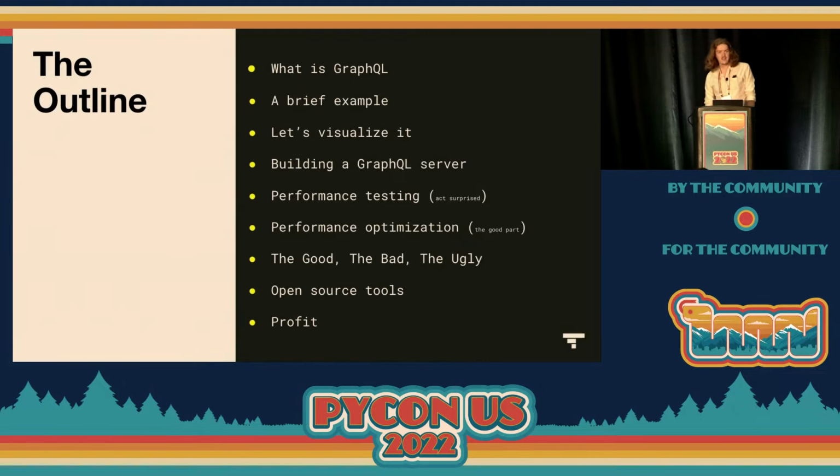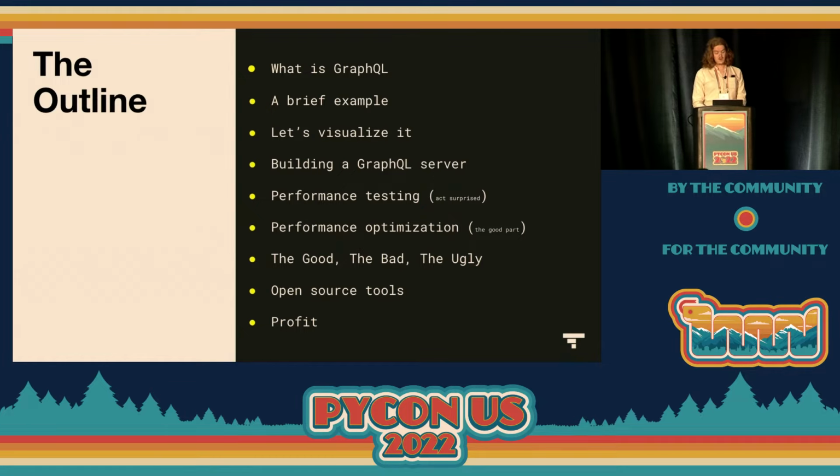All right, here's a quick outline for our talk before we get rolling in earnest. First off, we're going to talk about what is GraphQL. Then we're going to go over a brief example of using the query. We're going to visualize what a GraphQL graph looks like to understand more of how the queries are shaped. We're going to build ourselves a GraphQL server in Python.